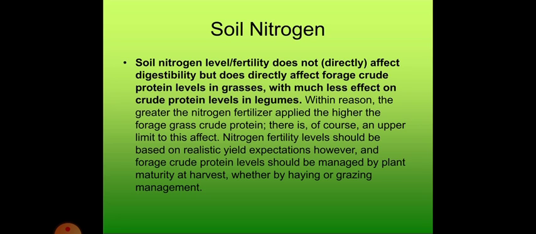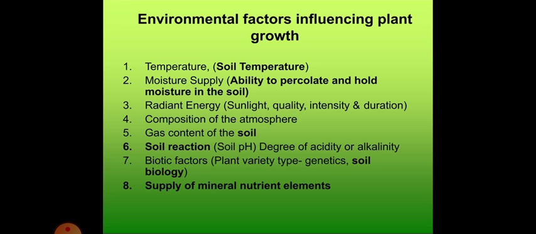There is of course an upper limit to this effect. Nitrogen fertility levels should be based on realistic yield expectation, however, and forage crude protein levels should be managed by plant maturity at harvest, whether by haying or grazing management.